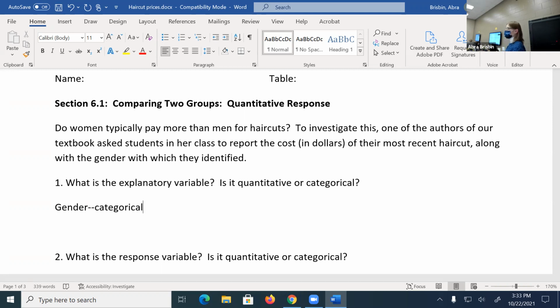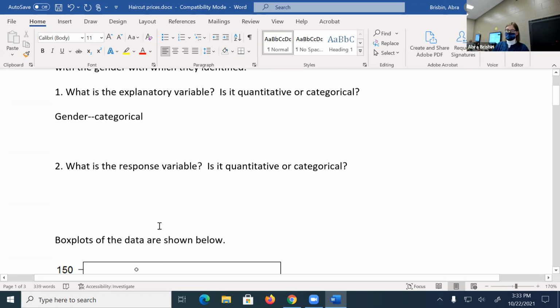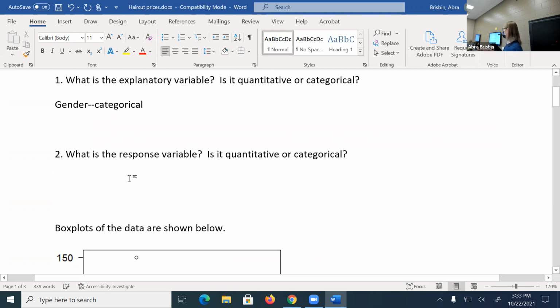In this case, we just have two categories of men and women. So that's where we're getting our two groups that we're going to compare. What's the response variable? The cost. And what kind of variable is that? That's quantitative.